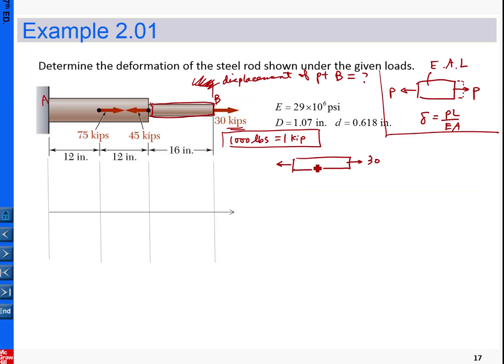We have all the information: Young's modulus and the cross-sectional area A, which we should be given and will see quickly, and the dimension is 16. So basically we are able to determine this one.